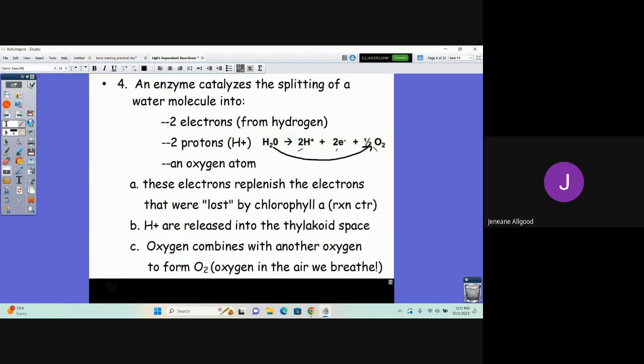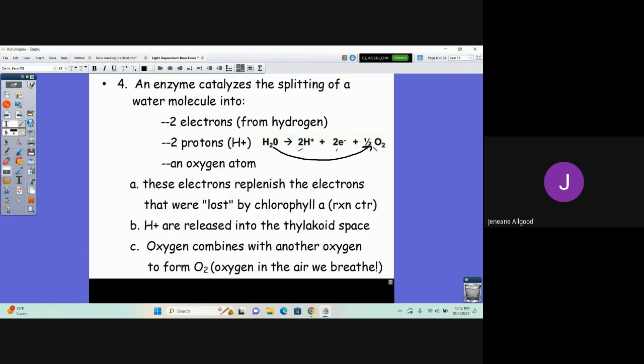Next, we have oxygen. So remember that oxygen's diatomic. That's why we write it as 1/2 O2. It does not really like being by itself. And so oxygen is going to combine with another oxygen to form O2, which is the oxygen in the air we breathe. Okay, so think back to what we did yesterday.